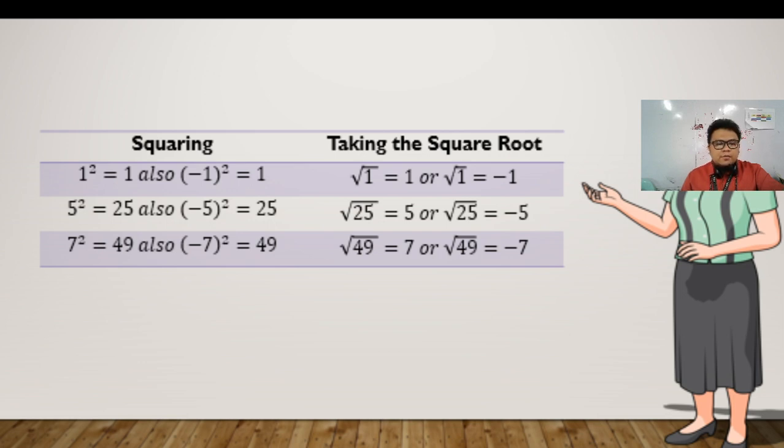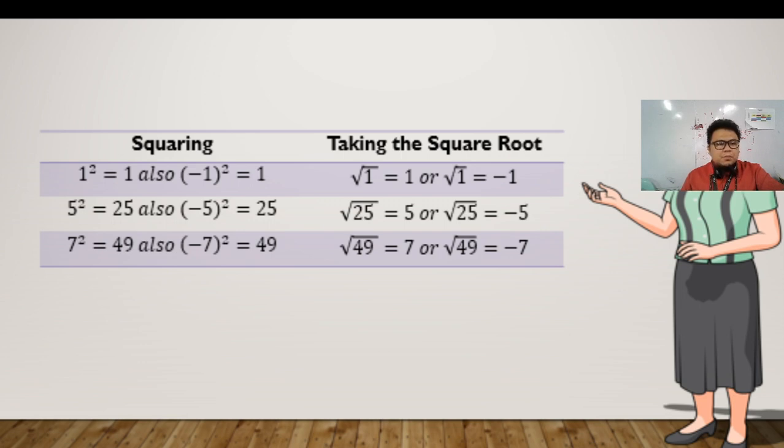So the square root of 25 is 5, and it is also negative 5. Again, there are two roots, the positive root and the negative root.